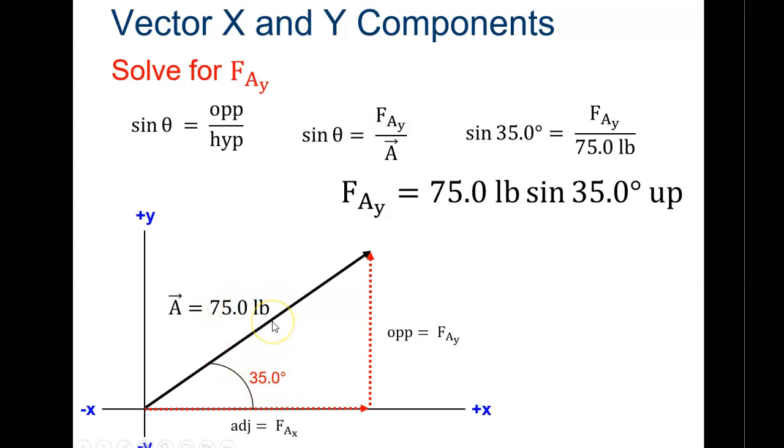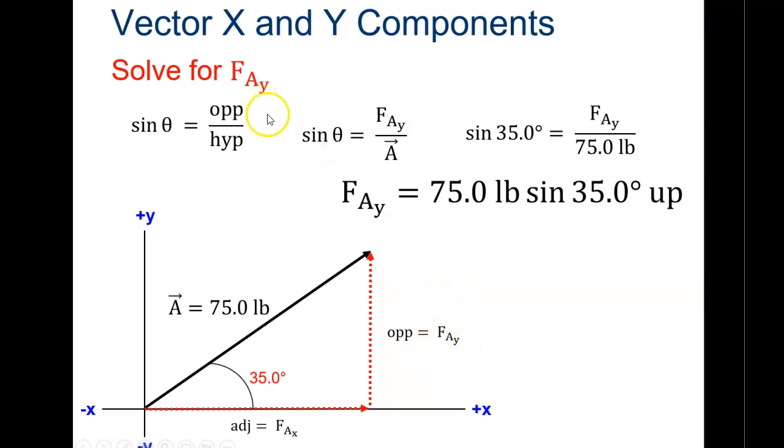The one that works the best is sine, or SOH, S-O-H. You could say the sine of angle theta is equal to the opposite divided by the hypotenuse. See that there? So the opposite is the force of vector A in the y direction, or along the y-axis there.